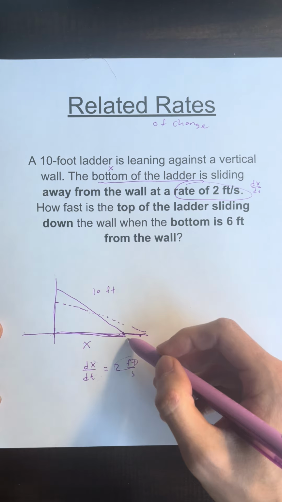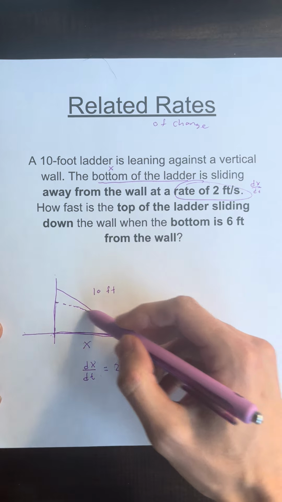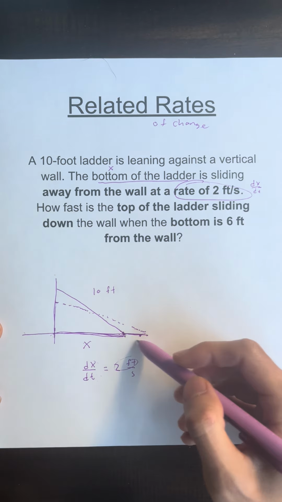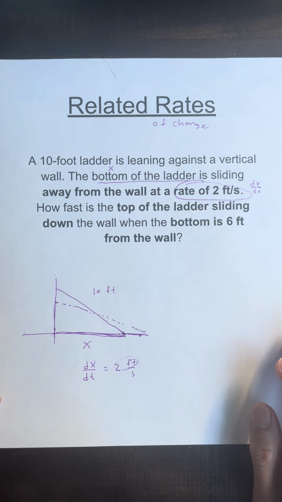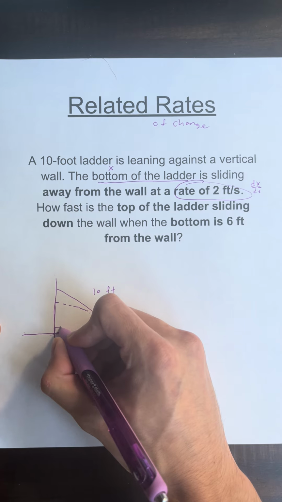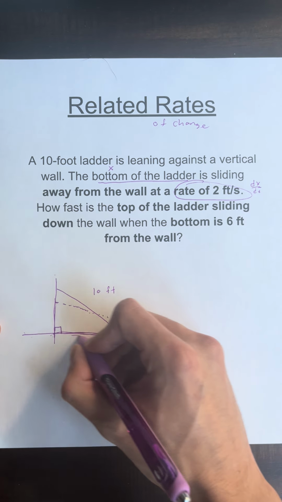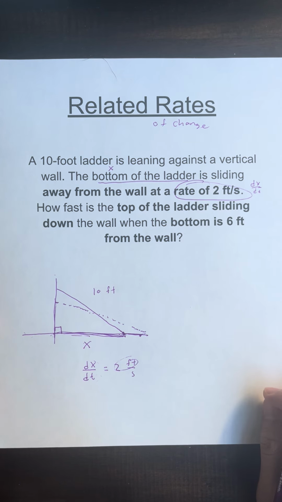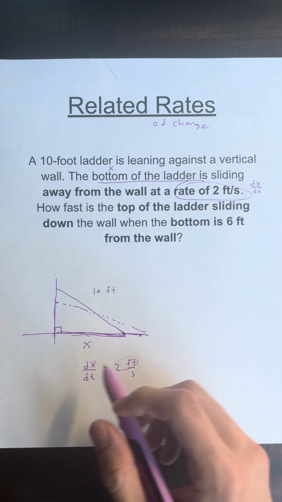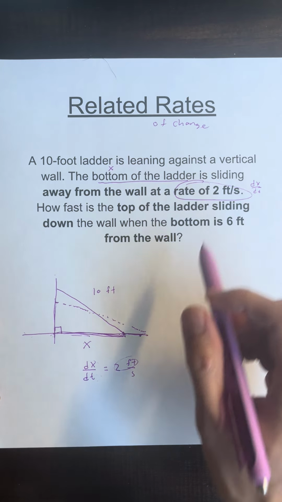So what kind of triangle is the ladder always going to make with the ground and the wall? It's always going to make a right triangle because this is perpendicular to this. So we know dx/dt is 2 feet per second.